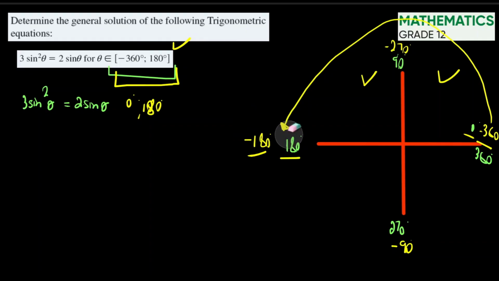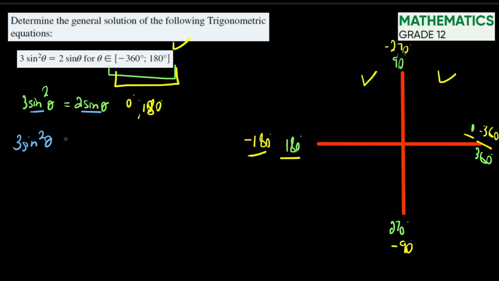So let's start with our factorization and see what we have to deal with in this. So we're given sine and sine, so we can just bring everything to one side of the equation and start with our factorization. 3 sine squared theta minus 2 sine of theta is equal to 0. So you notice that we have a common factor of sine theta.